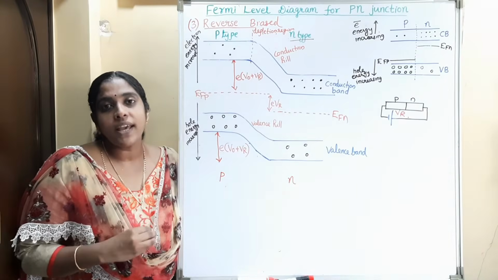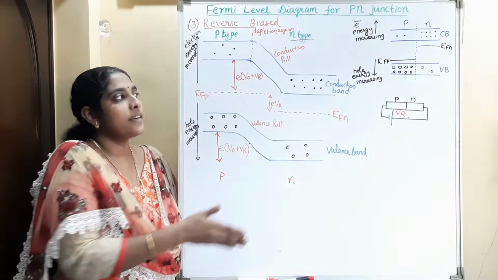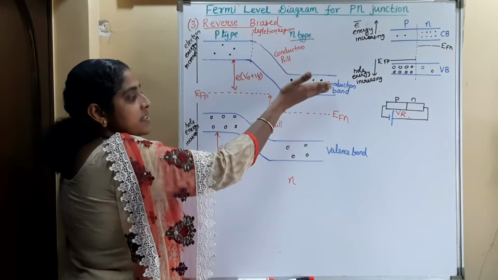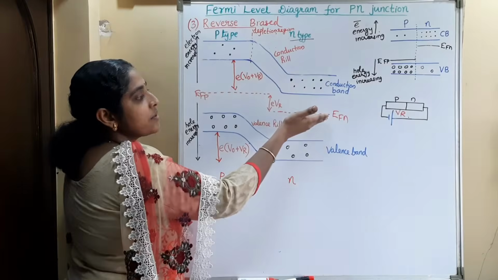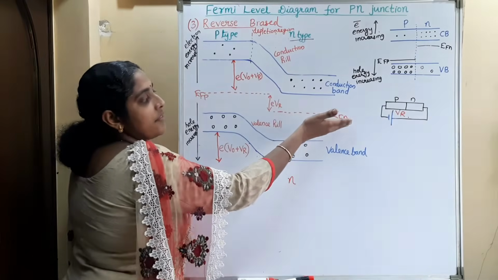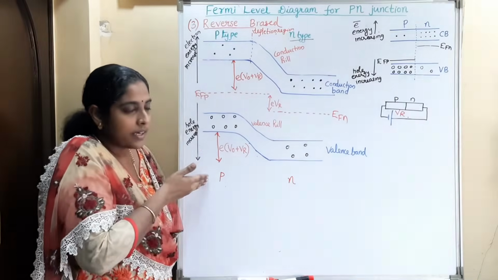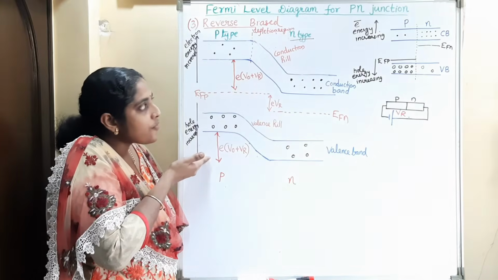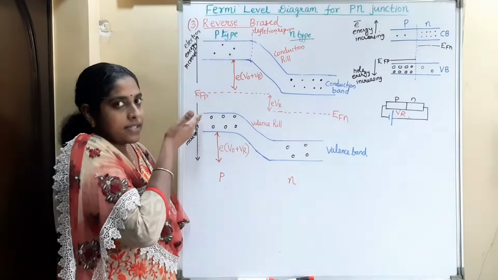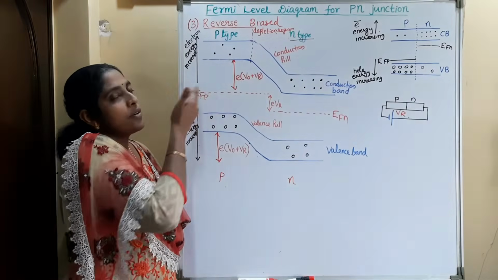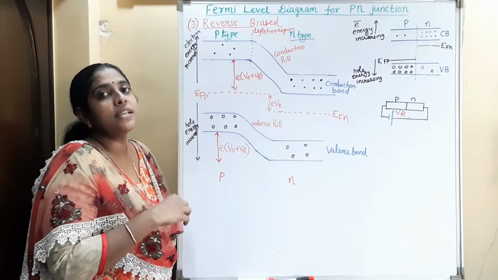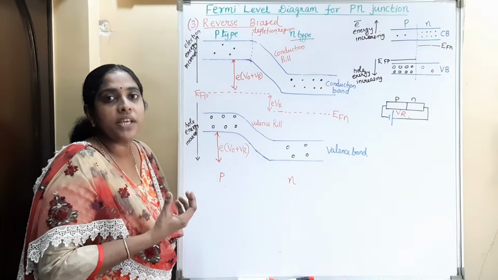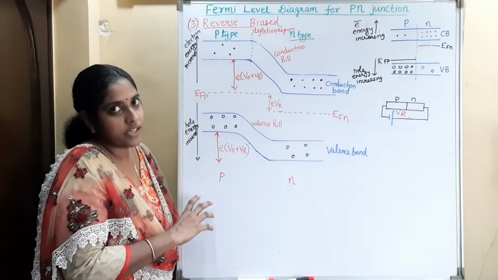So for a reverse biased PN junction diode, the downward shift of the band structure in the N region results in a downward movement of the Fermi level EFN. Whereas on the P side, the upward shift of the band structure results in an upward movement of the Fermi level EFP. This is due to the decrease in the energy of major charge carriers in both regions.